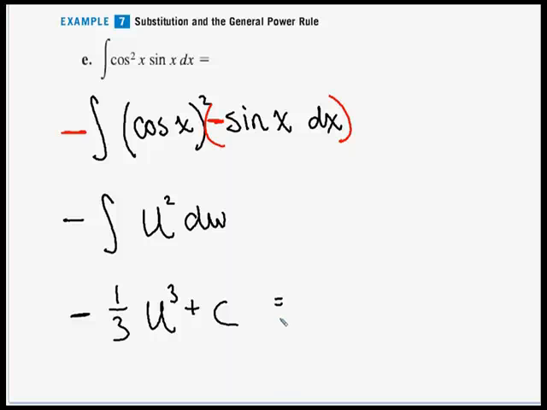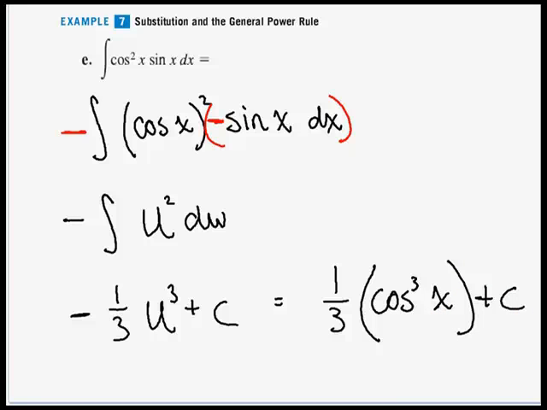And when we make our substitution back in, it's going to be 1/3 cosine to the 3rd of x plus c. And I forgot my negative. There's a negative here. We also got a negative out front. Negative 1/3 cos to the 3rd x plus c.